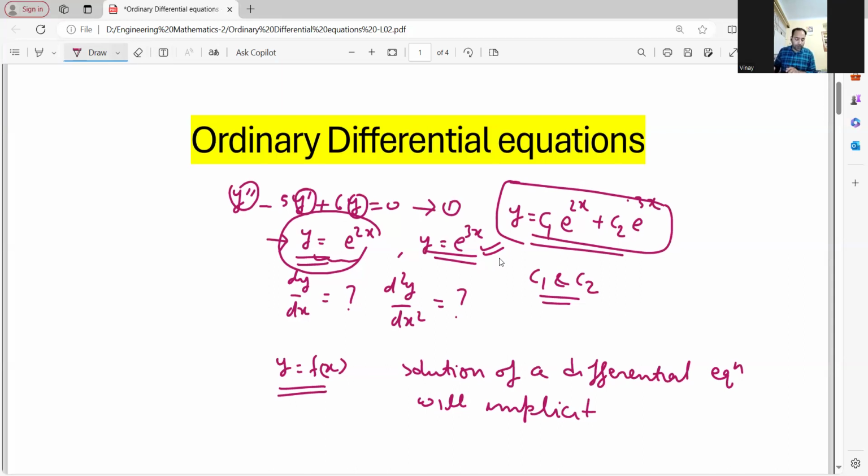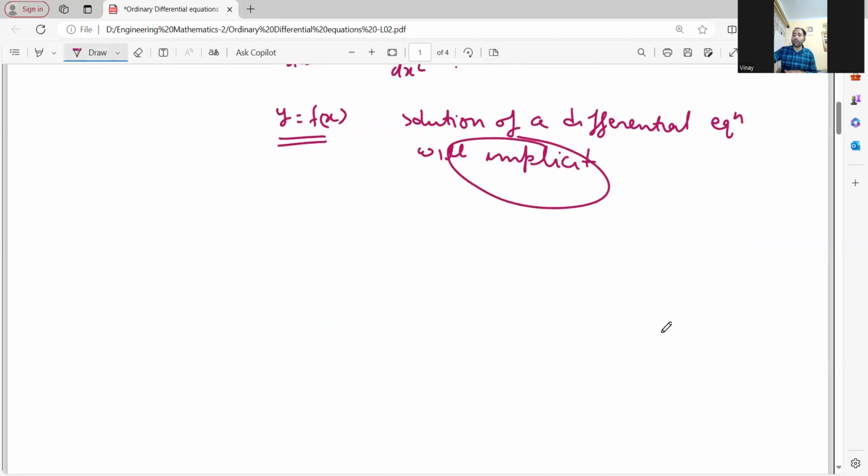I'm just going to tell you a couple of things. For example, when this solution would be implicit, if we consider a differential equation dy by dx is equal to y square upon 1 minus xy.